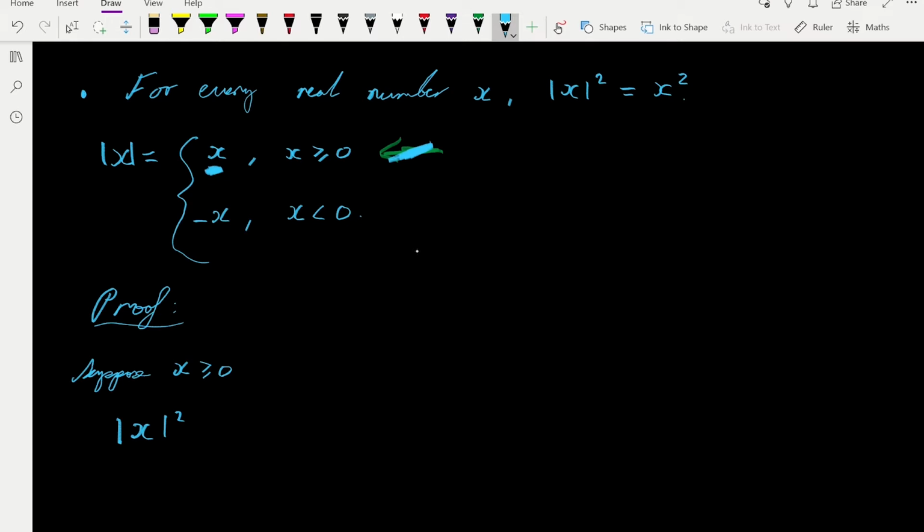So drop the absolute value bars because we know it's positive and that the absolute value bars aren't really doing anything for us. But after we drop that, we are still left with this square. And that's the proof for the case where x is greater than or equal to 0.